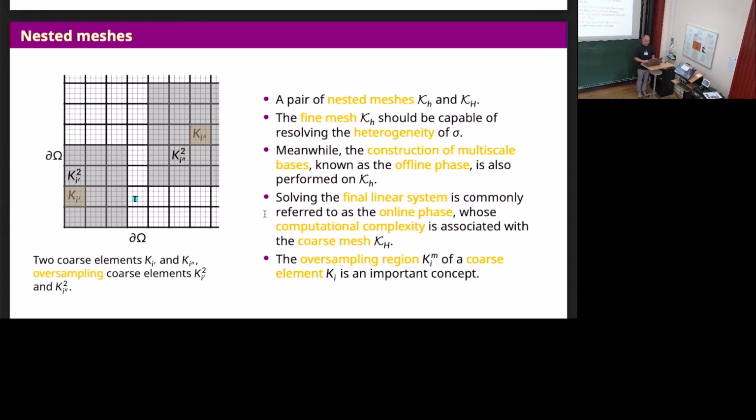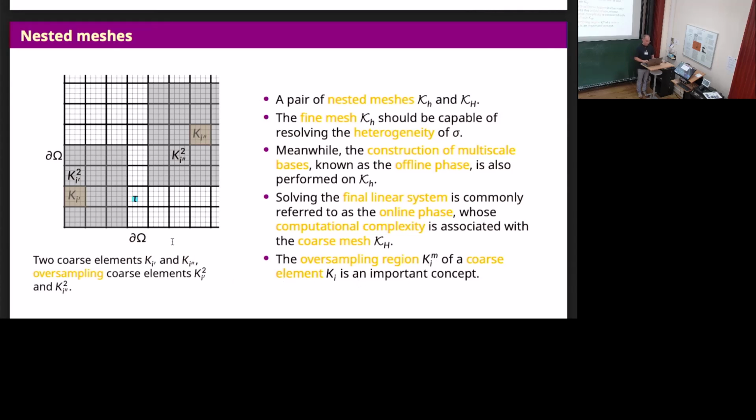And then to solve the final linear system, we will construct some multiscale basis on the coarse mesh. Okay. And for our method, we will need to define some oversampling regions, K_i^m.